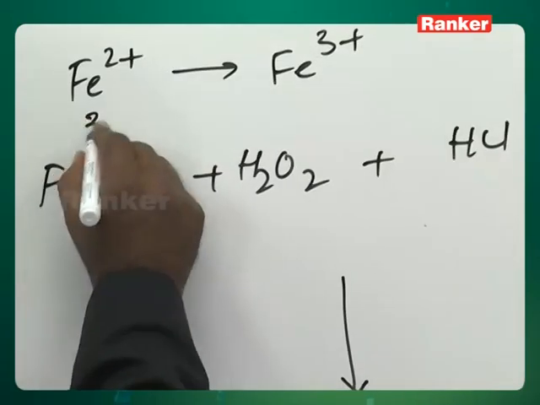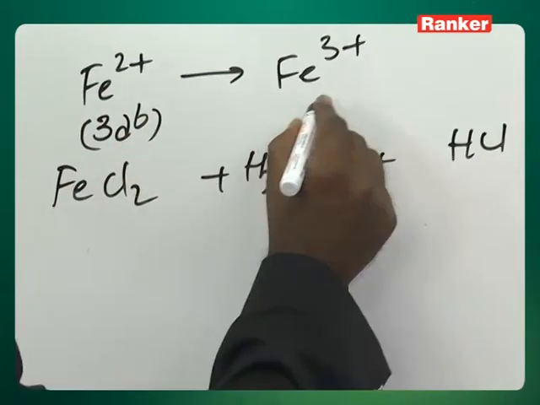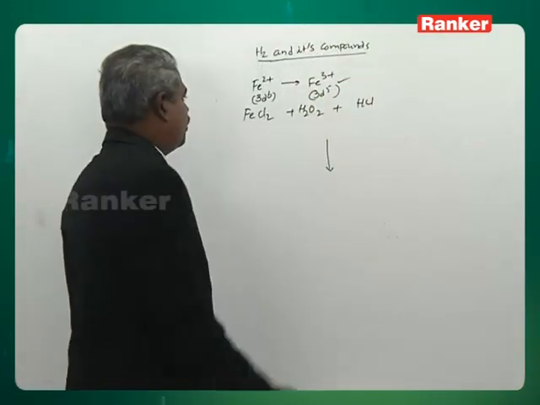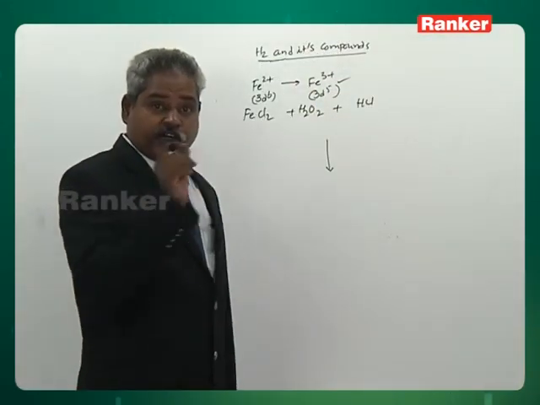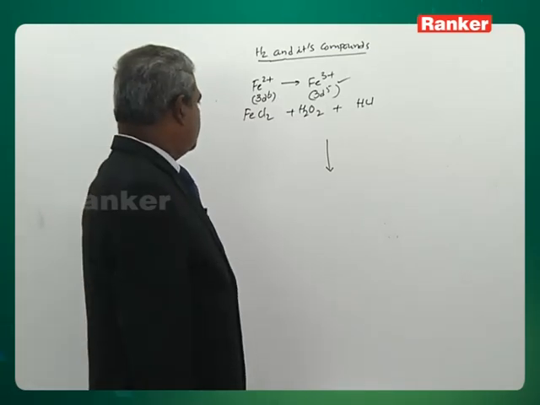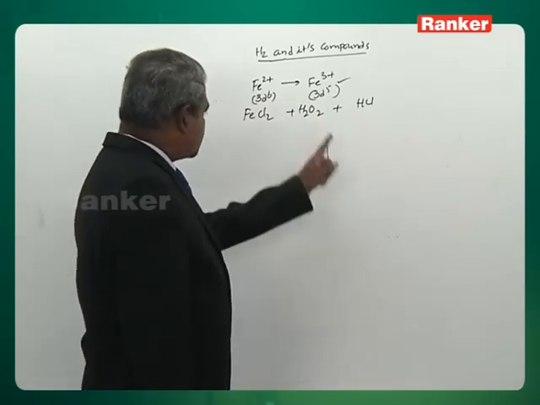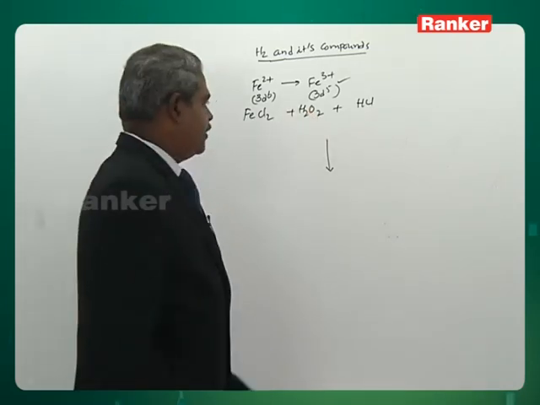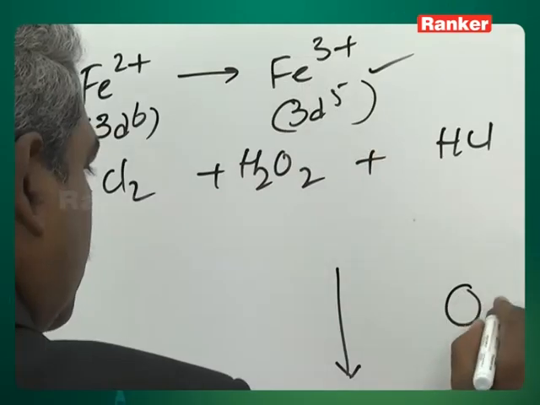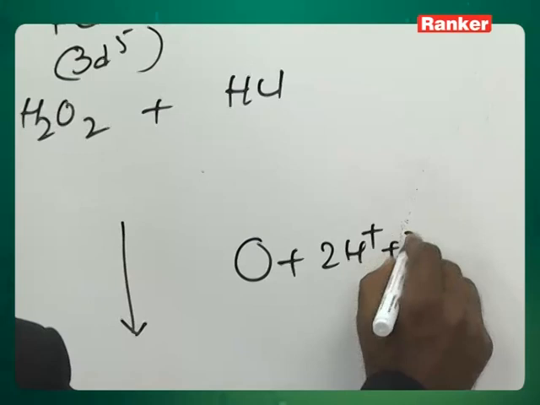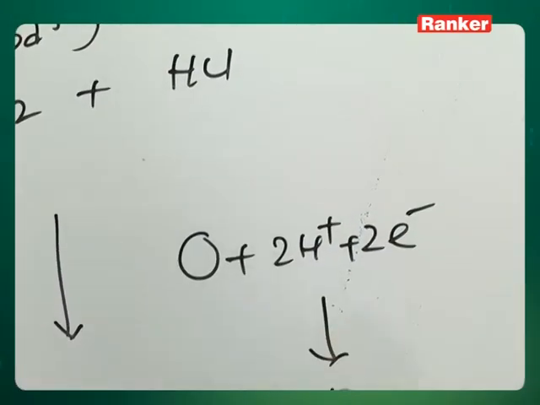Ferrous, the electronic configuration is 3d6, and ferric is 3d5, half-filled configuration. So since it gets a half-filled configuration, ferrous is ready to lose an electron. But who will take the electron? So the oxygen of H2O2, the oxygen of the oxidizing agent, by taking two protons from acid and 2 electrons, becomes H2O.